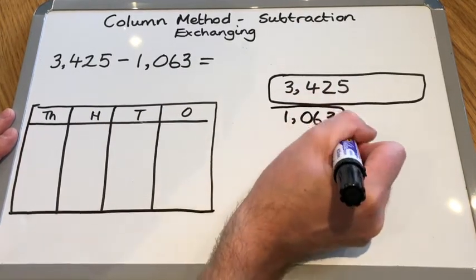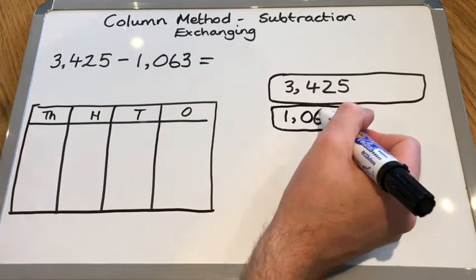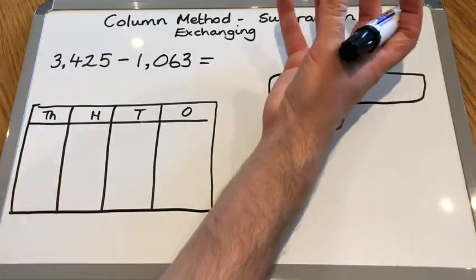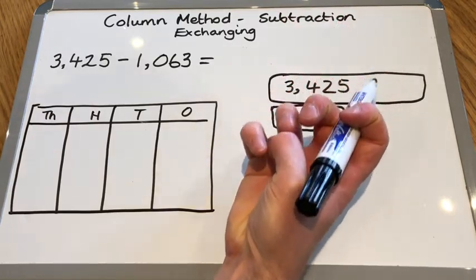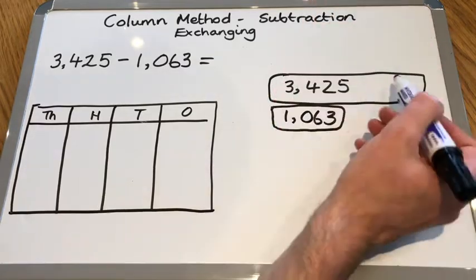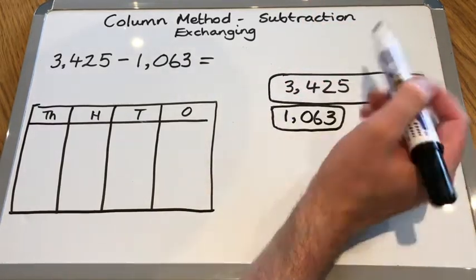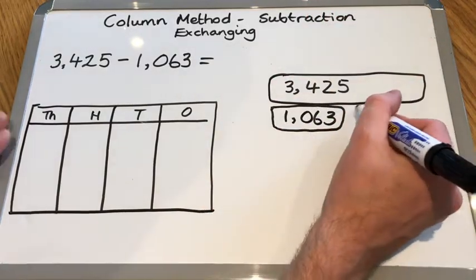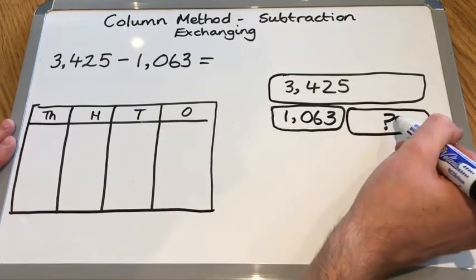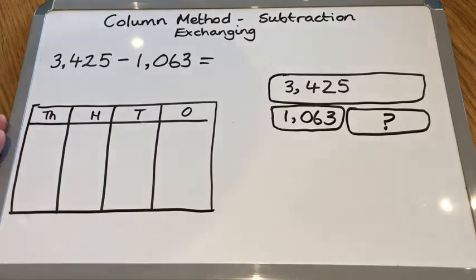So really this number here isn't really a second number yet. We have to take it out of the 3,425 for it to become its own part. It's currently hiding inside of there. We're going to remove it so that we can find out what the other part will be, what will be left once this is subtracted.